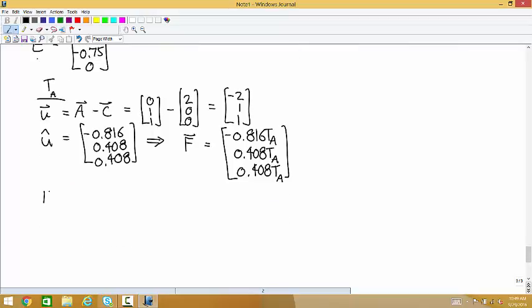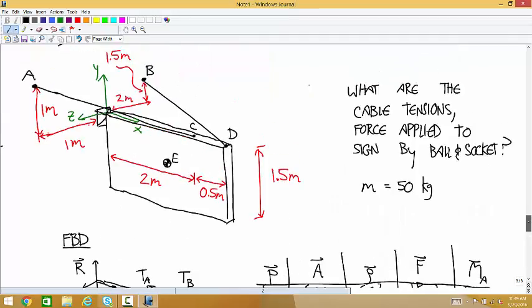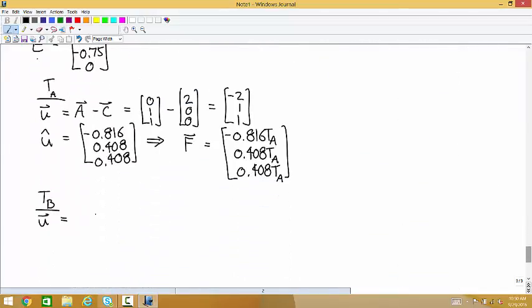And then we'll do the same thing for TB. We'll start with a vector that goes from D to B. So a vector that goes from D to B is the coordinates of B minus the coordinates of D. So negative 2.5, 1.5, negative 2.